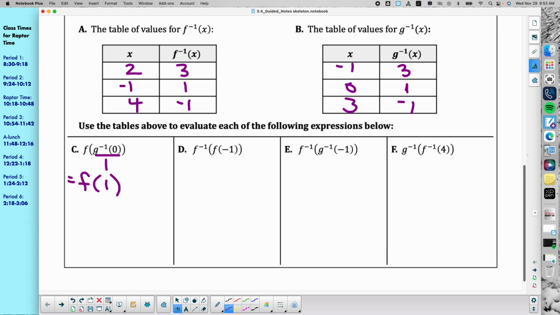Which gets you -1 based on the original. Yeah, I can't see it, so okay, perfect. I'll take your word for it. Excellent. So the function that you are focused on is going to be the information that you use to figure it out. Because the x's and y's are not the same depending on which set of information you're trying to pick.